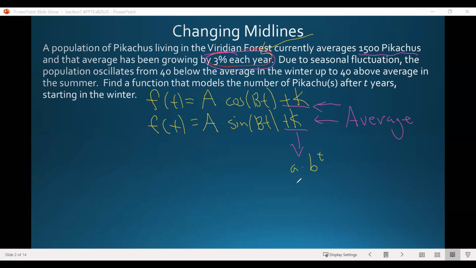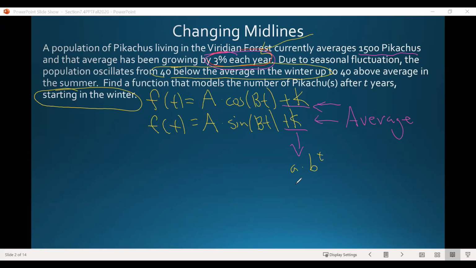Okay, so let's go about writing our equation now. We're told first of all that our count starts in the winter. And notice that in the winter, the number of Pikachus is 40 below the average, meaning it's going to be 40 below the midline.